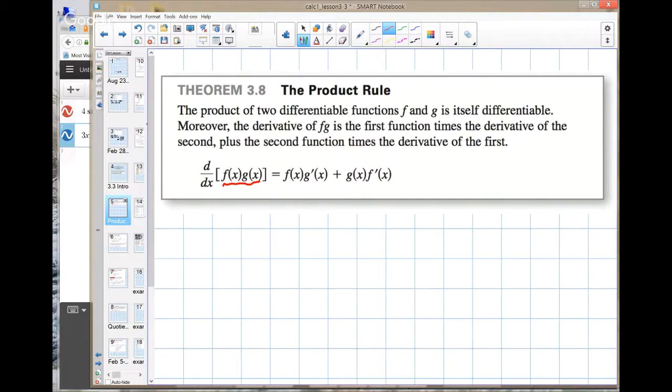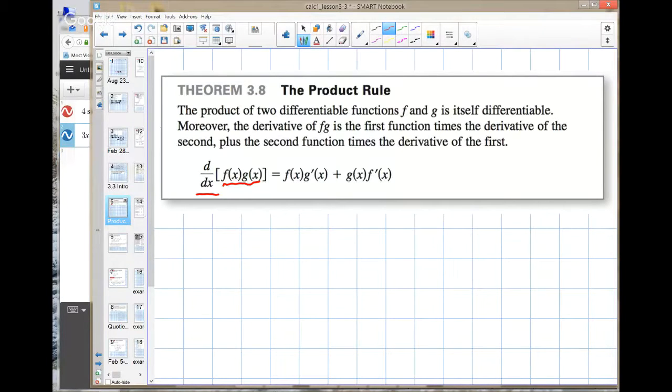And we're supposed to take the derivative of a product. So that's why it's called the product rule. And here it is. And I'm going to give it to you in words. It says take the first function times the derivative of the second function plus the second function times the derivative of the first. And that's how I remember it.